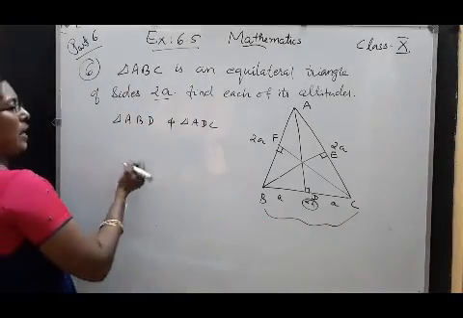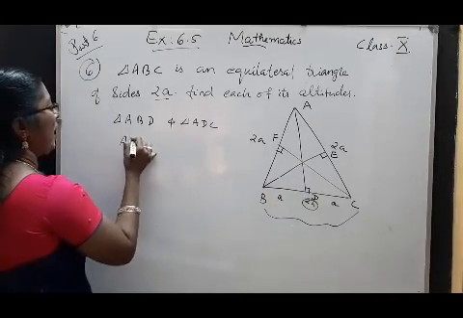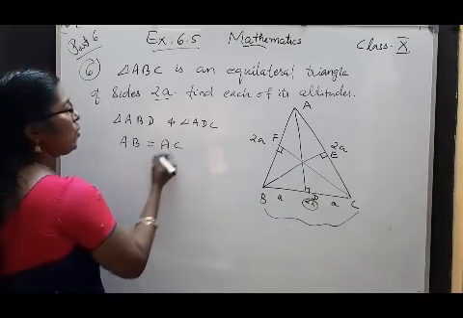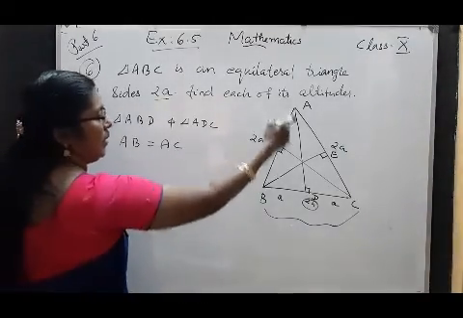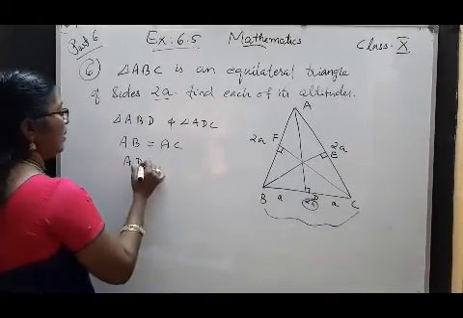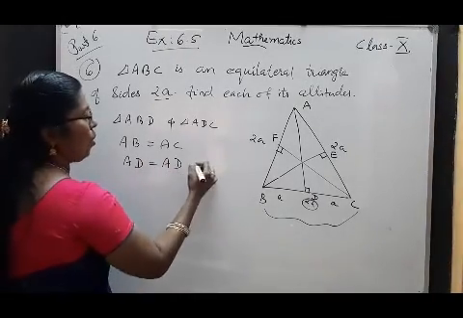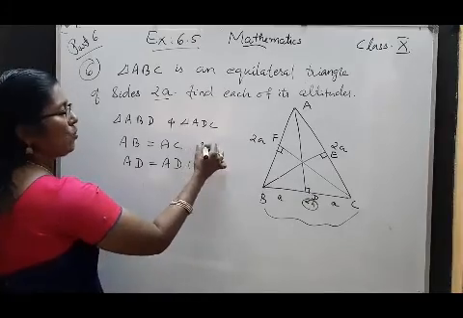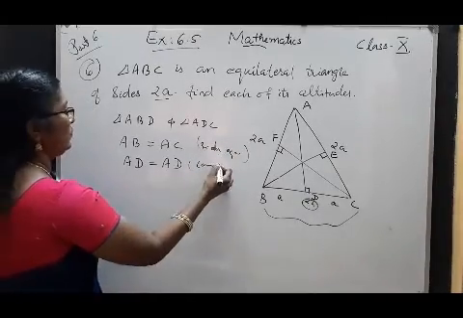Okay. Then what about AB and AC? They are equal because it is an equilateral triangle. Then AD is common.